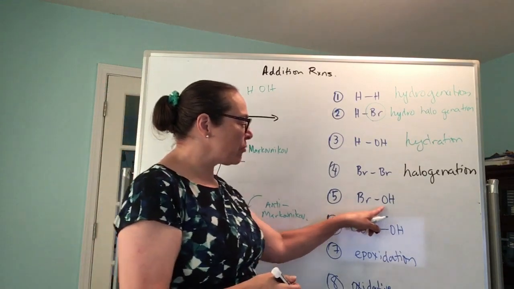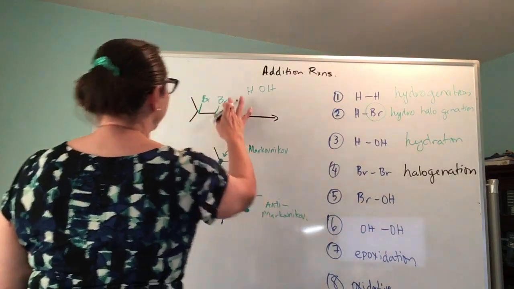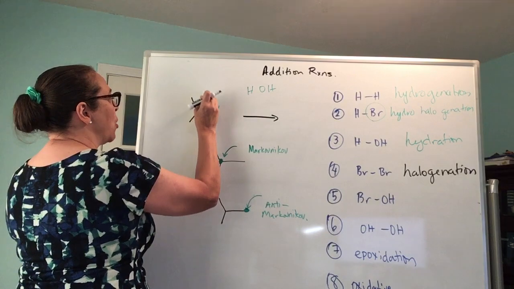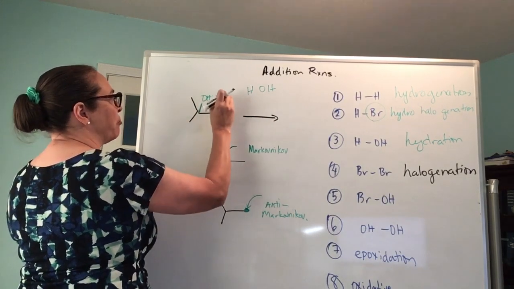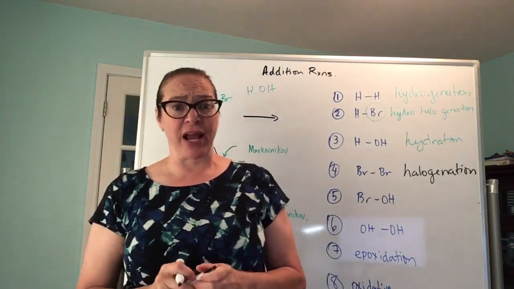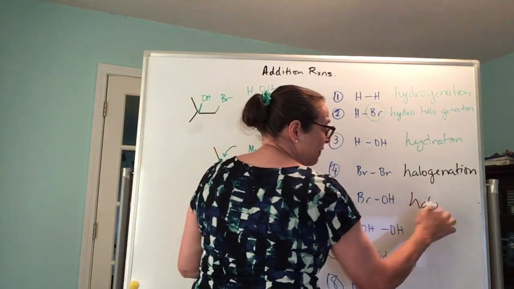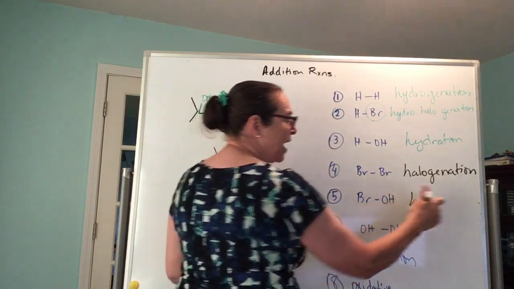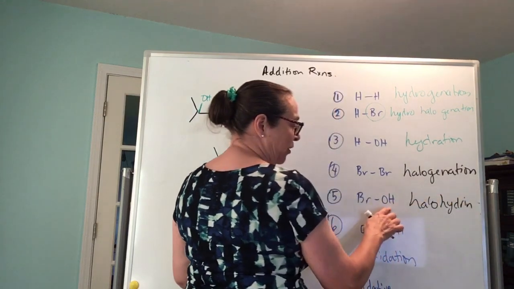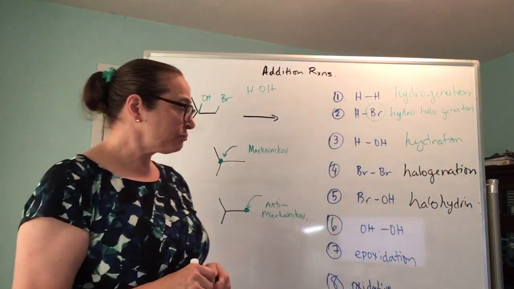So one that's a little bit more difficult: what if you were adding a bromine and an OH across the double bond? So now we're going to say, okay, well, we have an OH on this side and we have a bromine on that side. What would we name this kind of reaction? And this is a halo, that's short for halogen, hydrin, which is short for water. Halohydrin reaction.